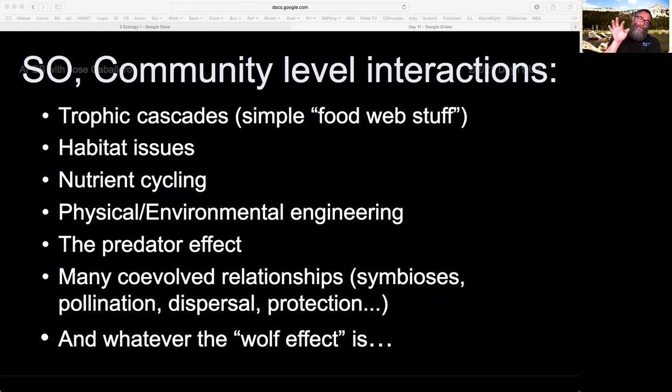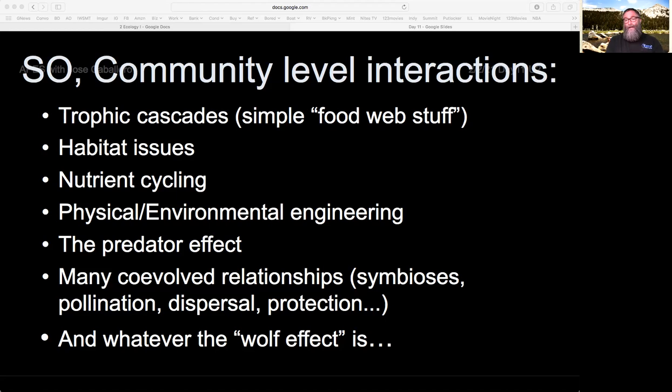We call these things community level interactions. They are all the different ways that species are connected. In the 4th grade, we tell you food webs. Okay, 4th graders. But you know, now that you're stepping up to be like college kids, it's not just food webs anymore.